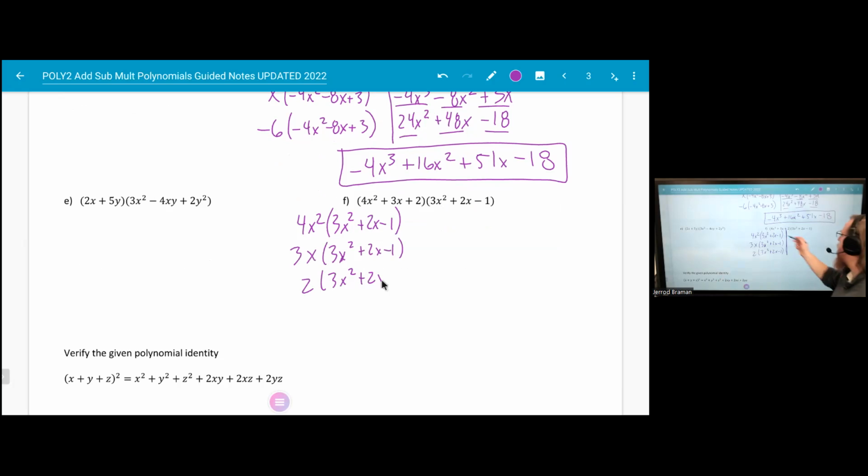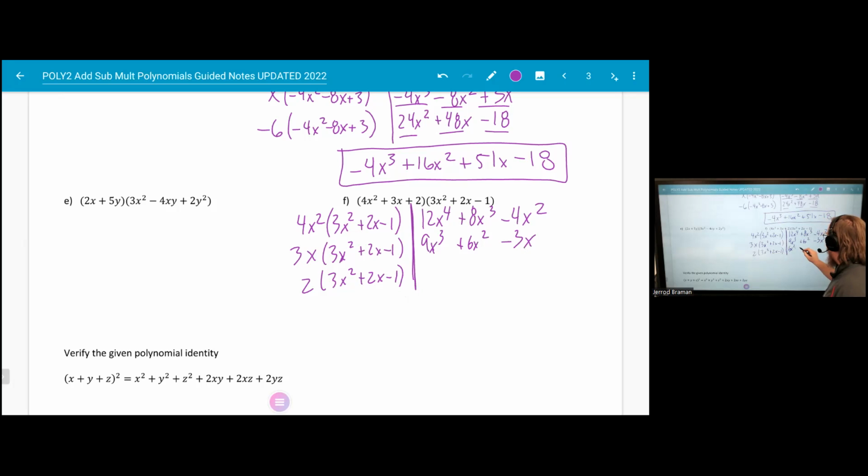Now, I multiply through. 4x squared times 3x squared is 12x to the 4th, plus 8x cubed minus 4x squared. Going to my second one, I end up with 9x cubed plus 6x squared minus 3x. Hopefully you're seeing this diagonals business.